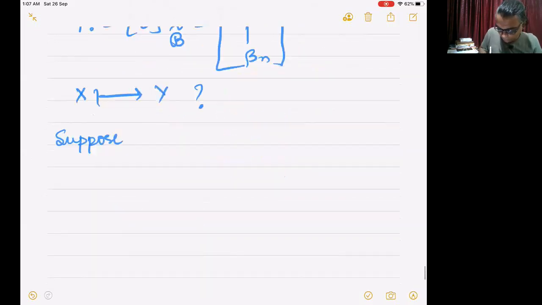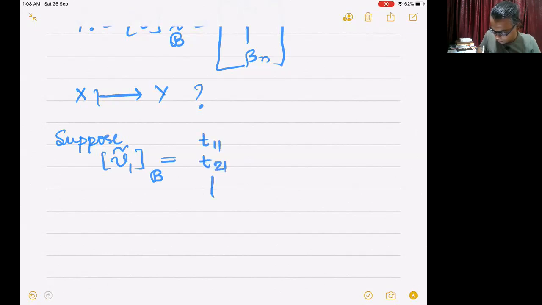Suppose v1 tilde expressed in the old basis B happens to be T11, T21, up to Tn1.